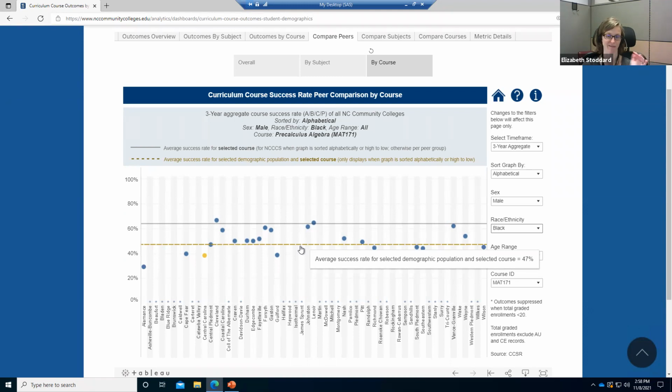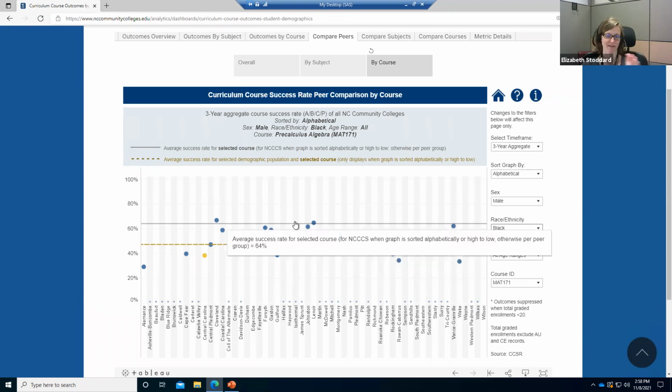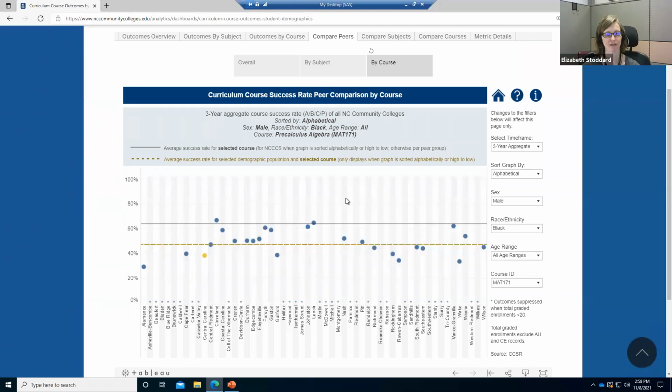So for Black males, it's 47%, which I'm seeing by hovering over this bar, versus the overall Math 171 success rate, which was 64%. And of course, you can pick out your college and see if you had more than 20 Black male enrollments, and then see where you are in the graph here.